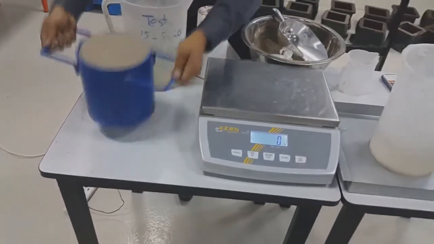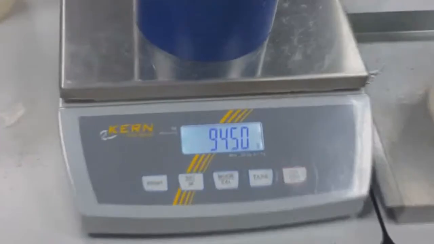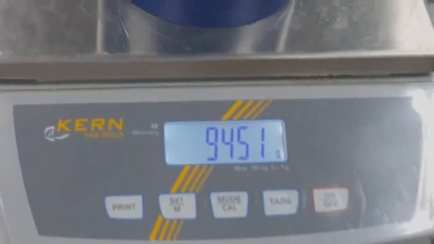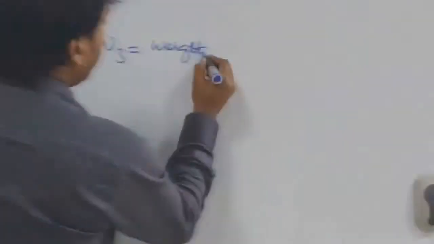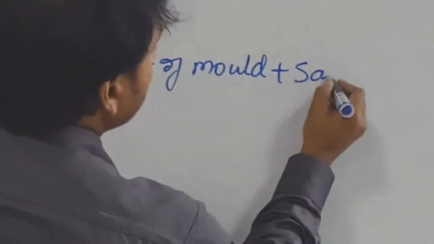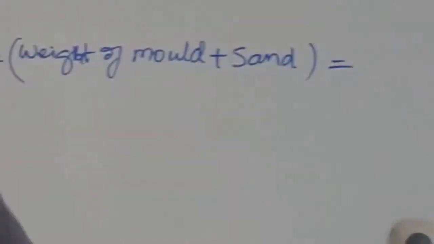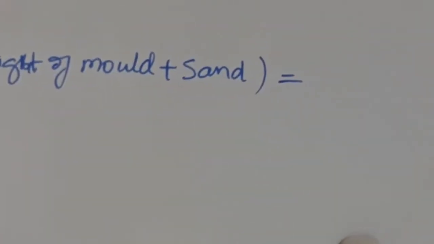Now take the weight of this mold filled with sand, W3, weight of mold plus sand. This weight is 9451 grams.